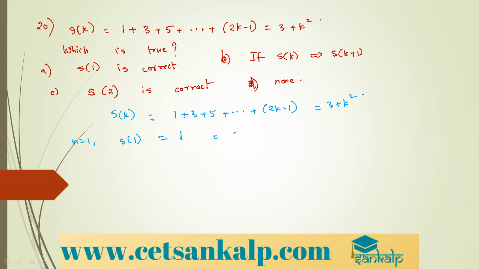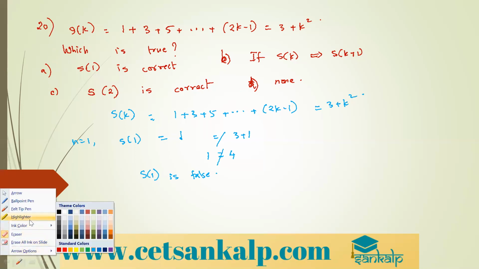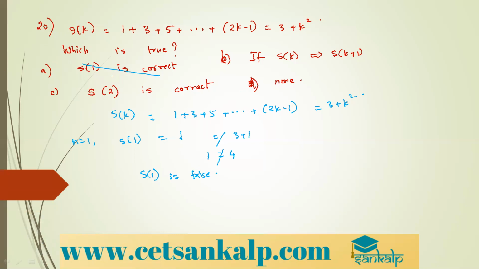And on the other side, you have 3 plus 1 square. So 1 cannot be equal to 4. So S of 1 is false. That means the first option, S of 1 is correct, is wrong.